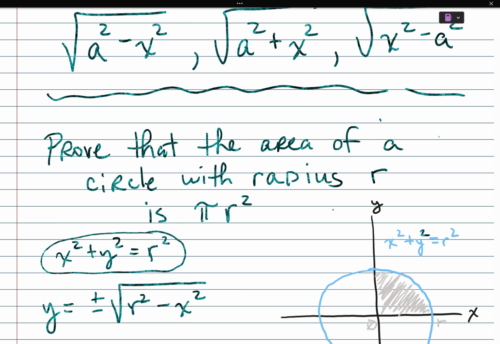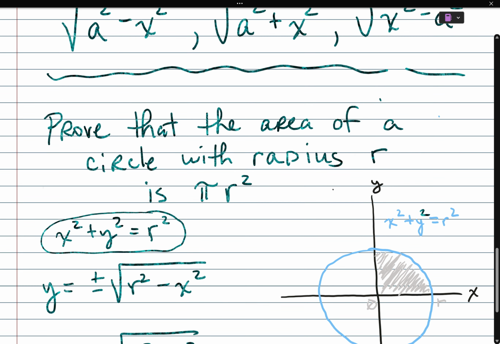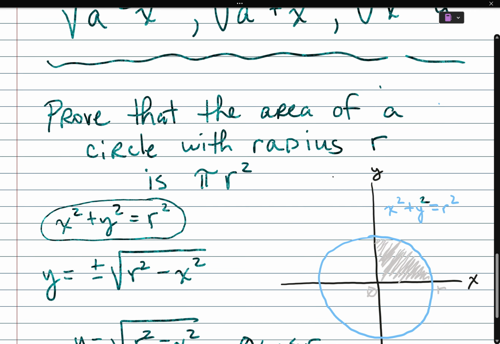x squared, right? And then because the circle is symmetric with respect to both axes, the total area is 4 times the area in the first quadrant, right? If you look at the figure, you'll see what I'm talking about.